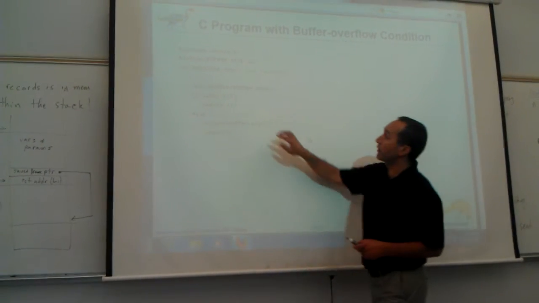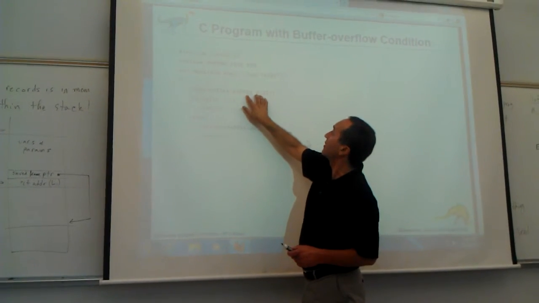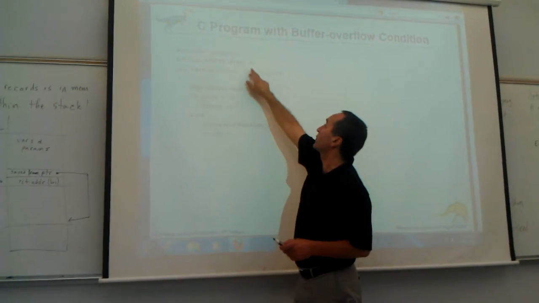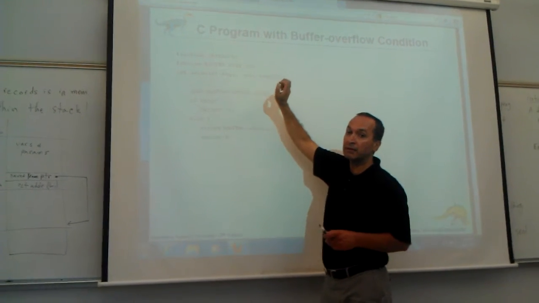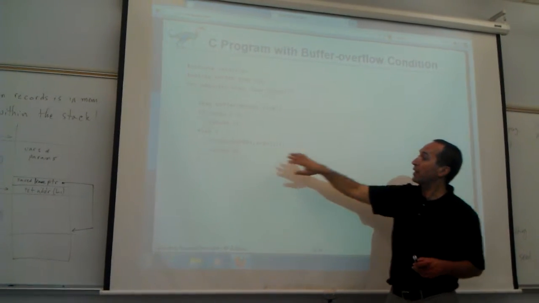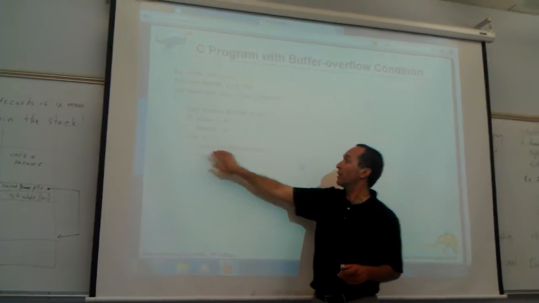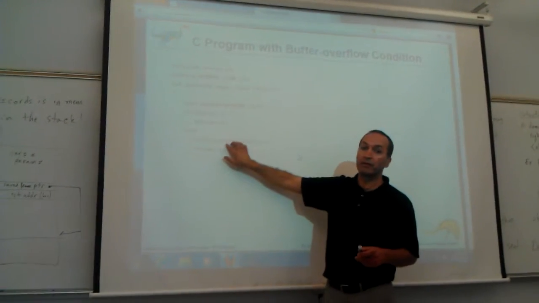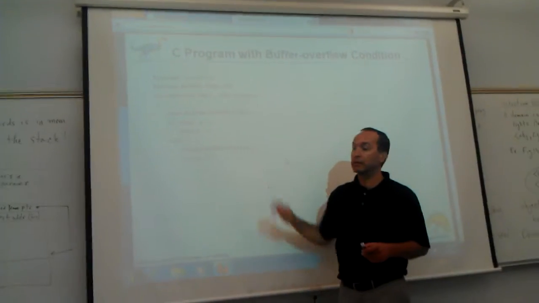So you have a buffer of buffer size. There's an underscore here. So buffer size is 256, right? And you come down here and you say string copy argument value 1 into the buffer, right?